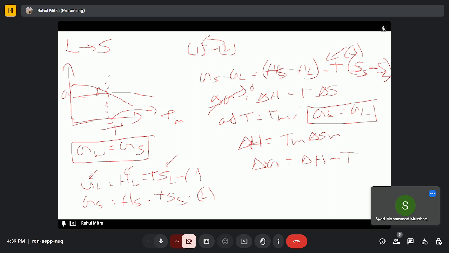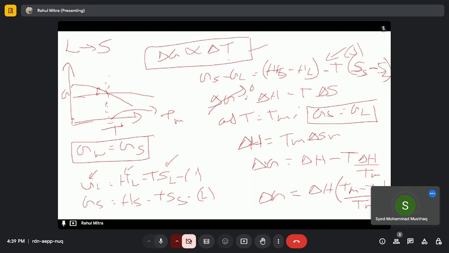Delta S will be delta H by Tm. So the final relation will be delta G is directly proportional to delta T, and this delta T is our undercooling.